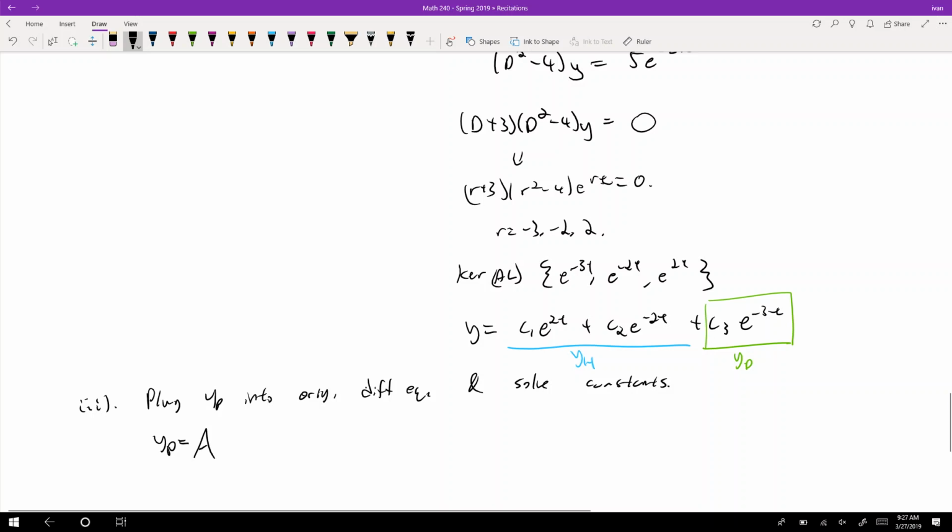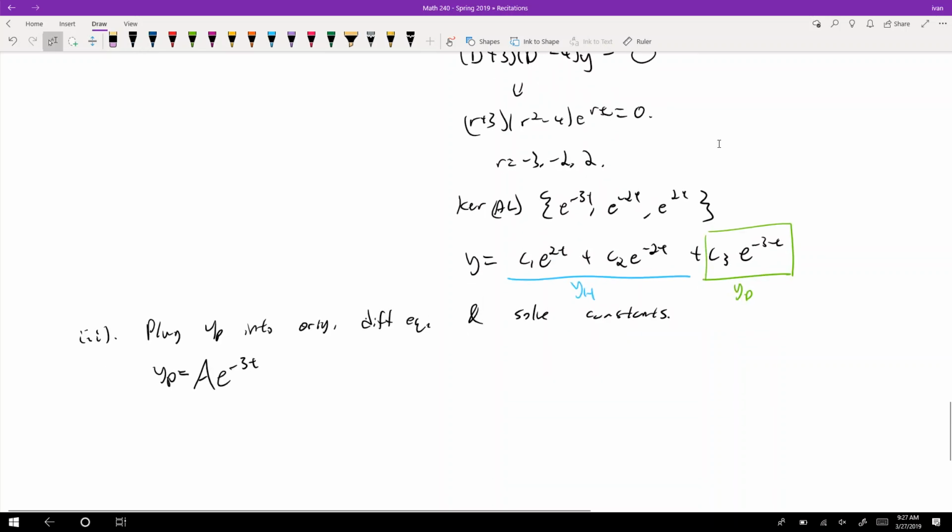I'll say big A is the constant, and then e to the negative 3t. It's the same thing. All right, so I need to plug this back into y double prime minus 4y is equal to 5e to the negative 3x.